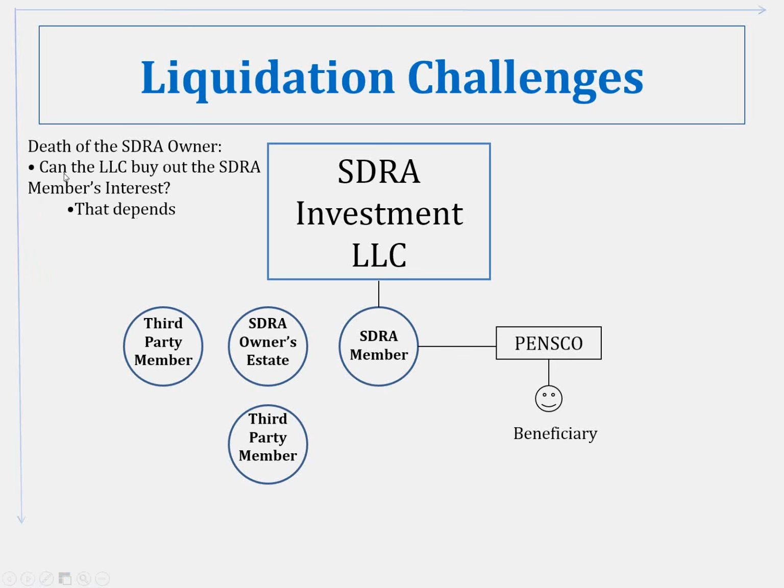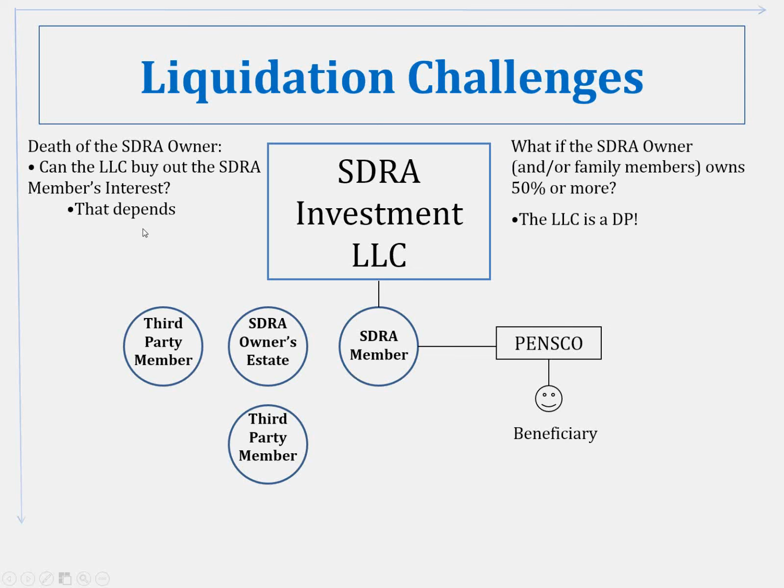So can the LLC buy out the self-directed retirement account member's interest, the IRA member's interest? Well, that depends. So what are the factors? Well, first of all, what if the self-directed retirement account owner and or family members own 50% or more of the LLC?